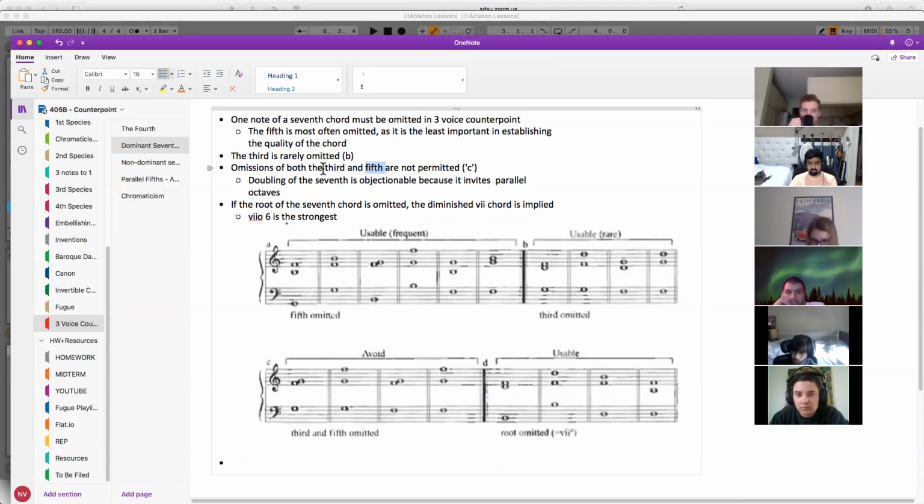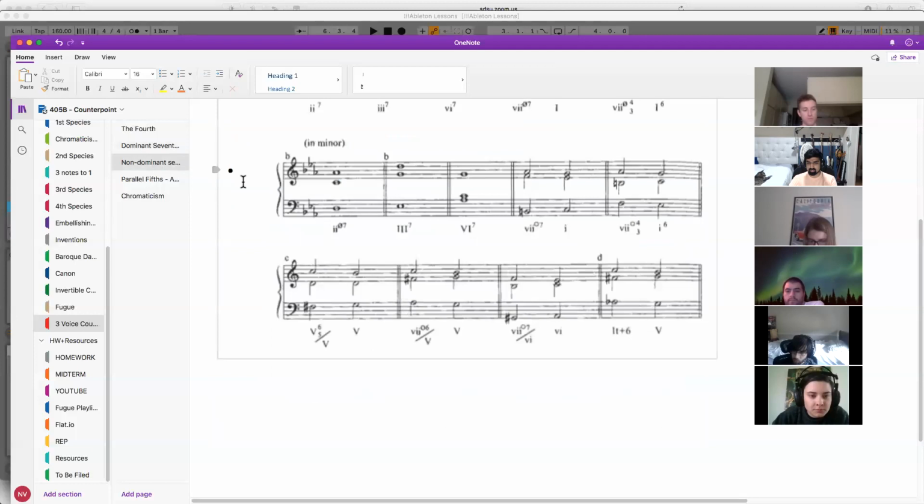When you're filling in chords, try to keep that in mind. And also, you don't want to double the seventh. It applies for both dominant seventh chords and non-dominant seventh chords, okay? So, look at that Italian 6.